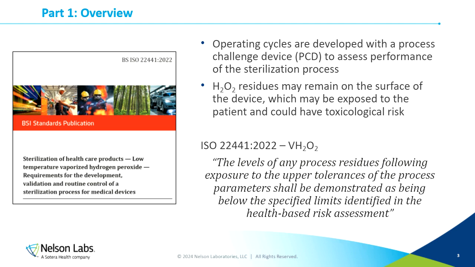That makes sense. But after the sterilization is complete, some of this hydrogen peroxide that's used might condense on the surface of your device. And we also want to make sure that this chemical is not condensed in a volume or concentration that could be exposed to the patient and cause adverse effects.